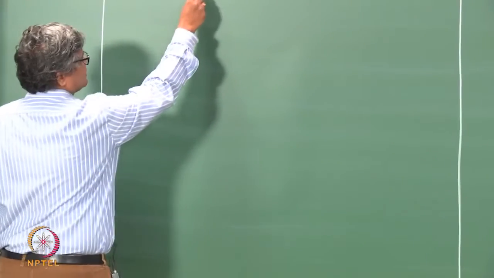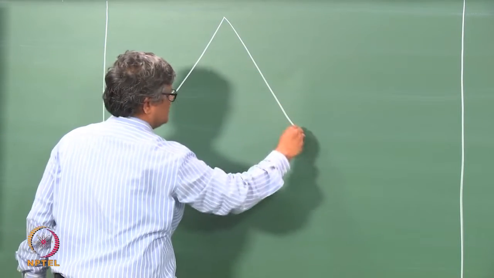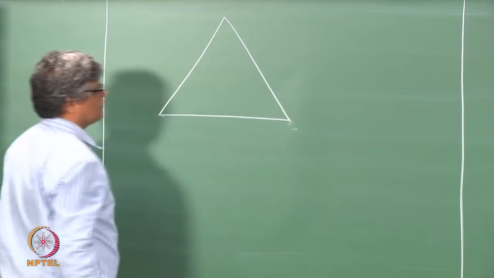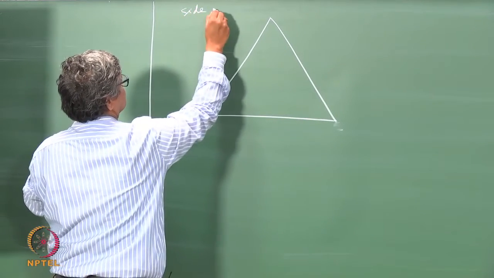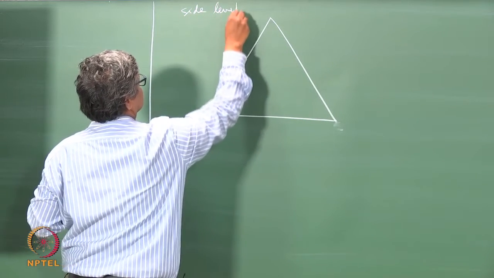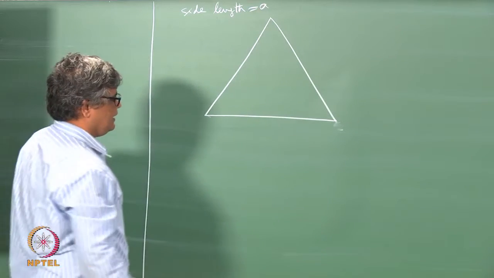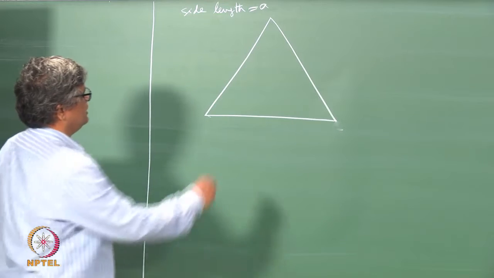So, we will start with our equilateral triangle of side A here, and we divide this into 3 parts.